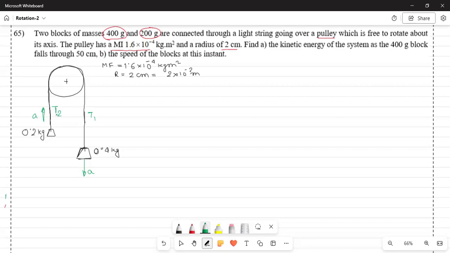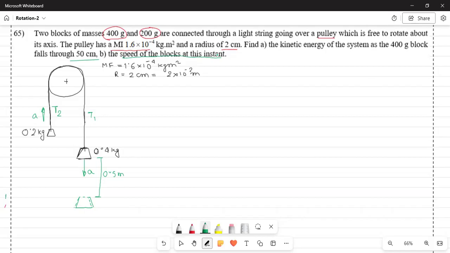In kinematics, where the pulley was light, the two tensions were the same. Now it's different. The question is, find the kinetic energy of the system when the 400 gram block has fallen through 50 centimeters, that means a height of 0.5 meter. In this situation, we have to find the kinetic energy of the system and also the speed of the block at that time.